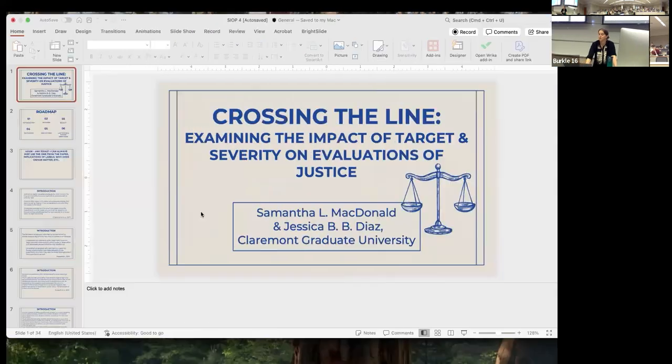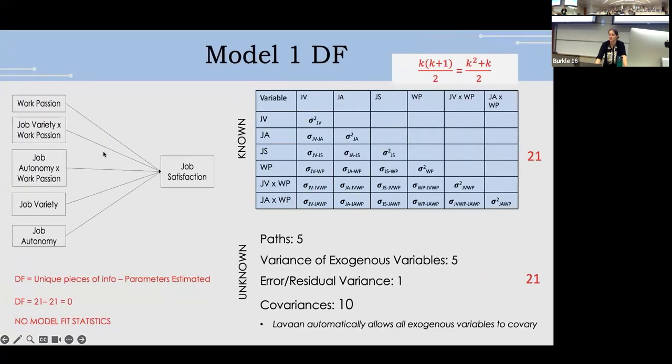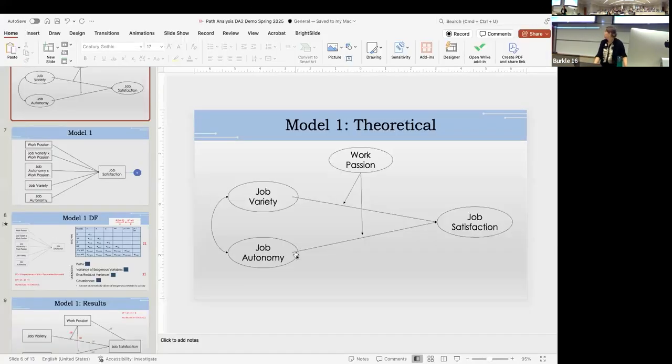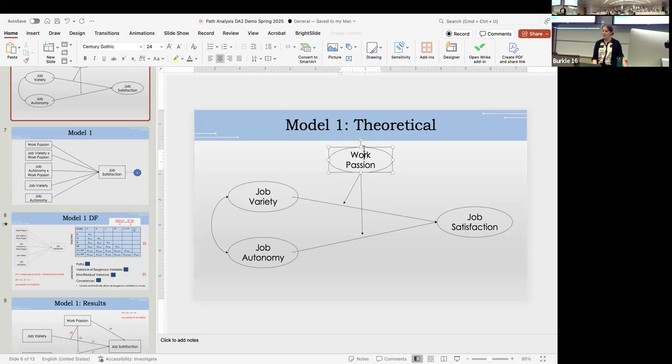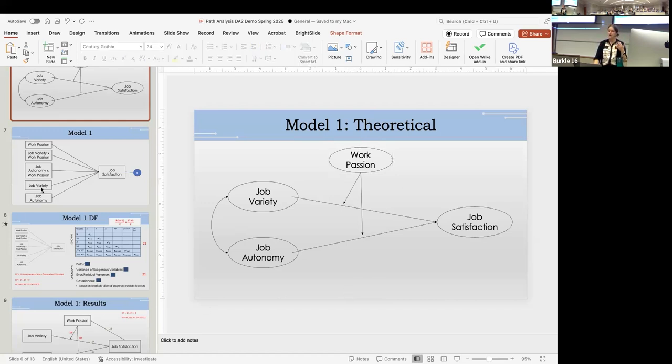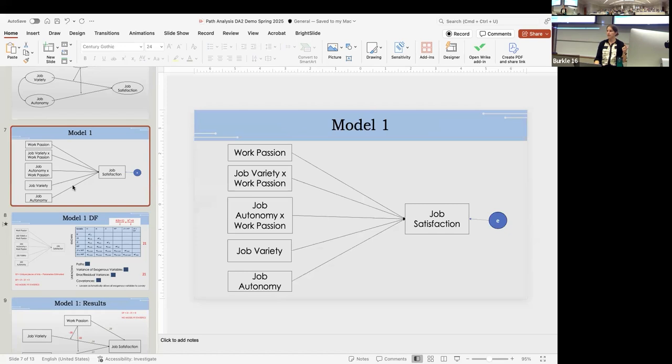No, because actually, the issue is in your theoretical model there's one drawn here, but we know from R's automatic covariance that work passion is going to be allowed to covary with variety, and work passion is allowed to covary with job autonomy. And actually, this is going to be a moderator term in addition, so both those moderators are also allowed to covary. Okay. We would just have to count them from the theoretical model, which is why I put it here before we ran it.